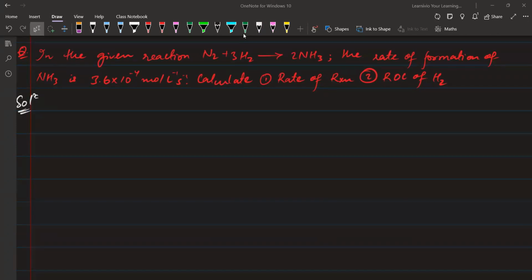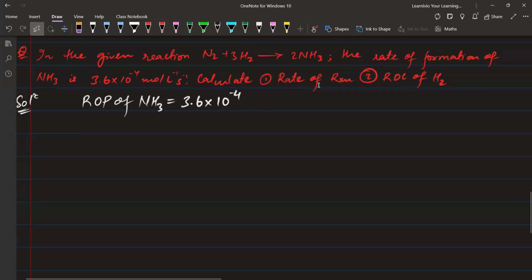What else is given? The rate of formation of NH3, which we call the rate of production. How much is it? 3.6 into 10 raised to minus 4.